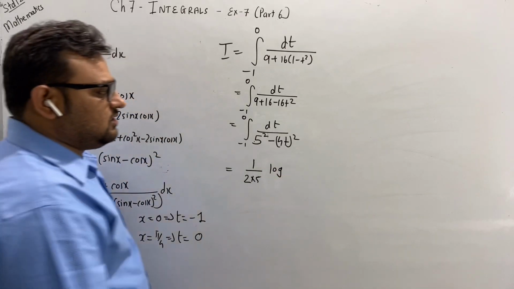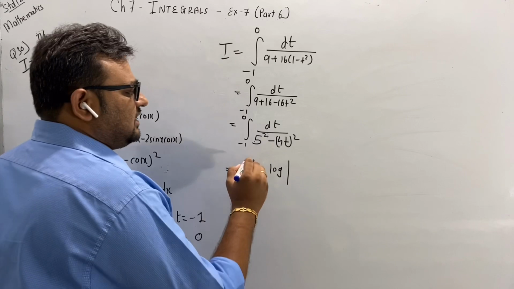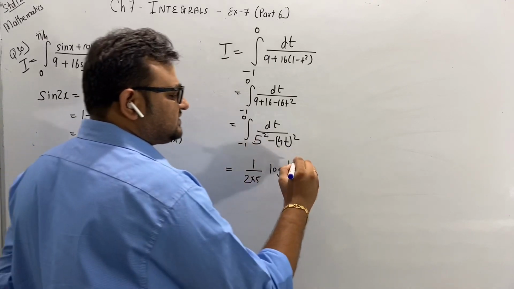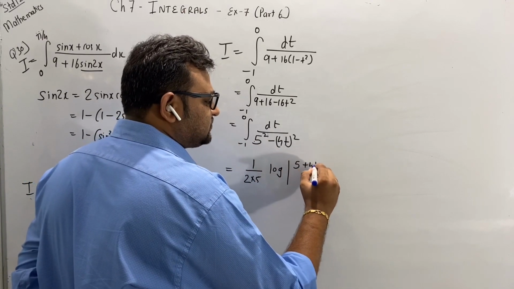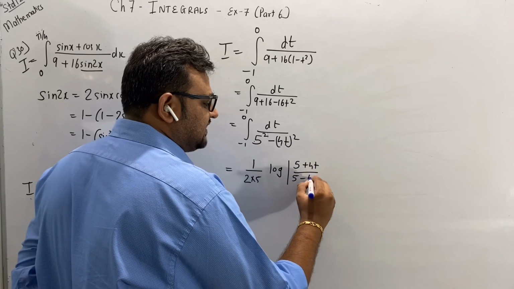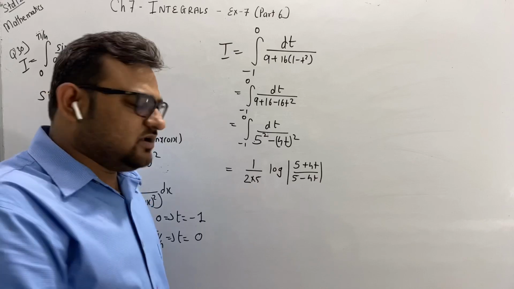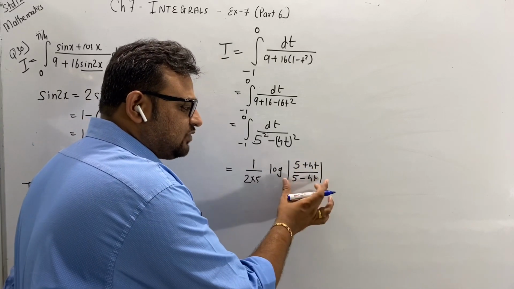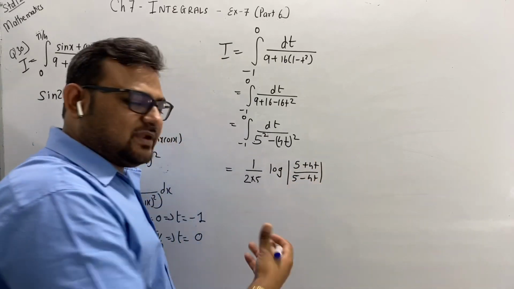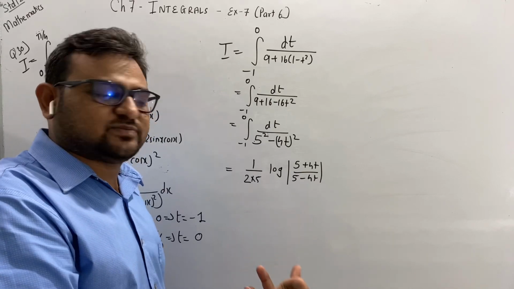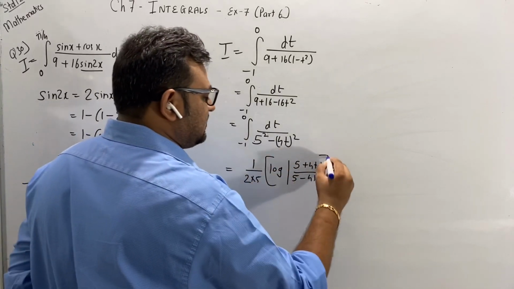Log of (x plus a), meaning 5 plus 4t, upon (x minus a). Whether you take x plus a or a plus x, it will be the same, and here also it will be the same because it is a modulus. So a minus x or x minus a, both are the same.